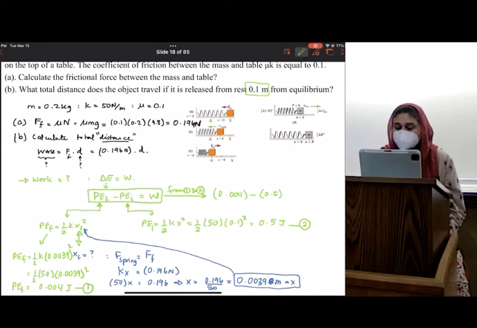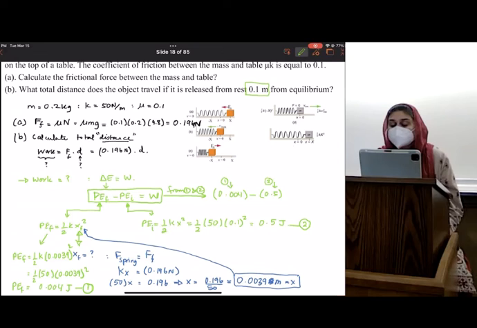Yeah, so this is from 1 and this is from 2. And I'm going to get a negative number. Wait, hold on. This should be 2.5.